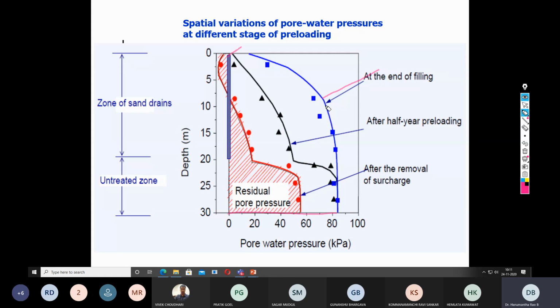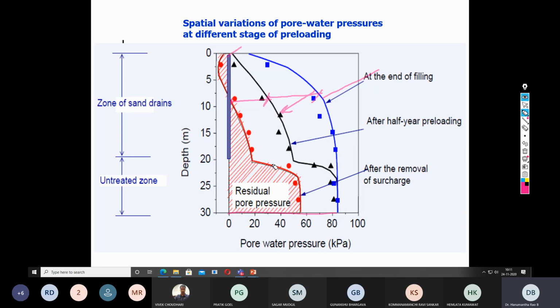Now because of the surcharge load, the water starts dissipating, so there is a shift of this blue line, which is again in the form of a black line, as you can see. So there is a decrease in the excess pore water pressure. This is after half a year of preloading. Then if you maintain the same surcharge load for another 6 months, there is a further reduction in the excess pore water pressure, as you can see.